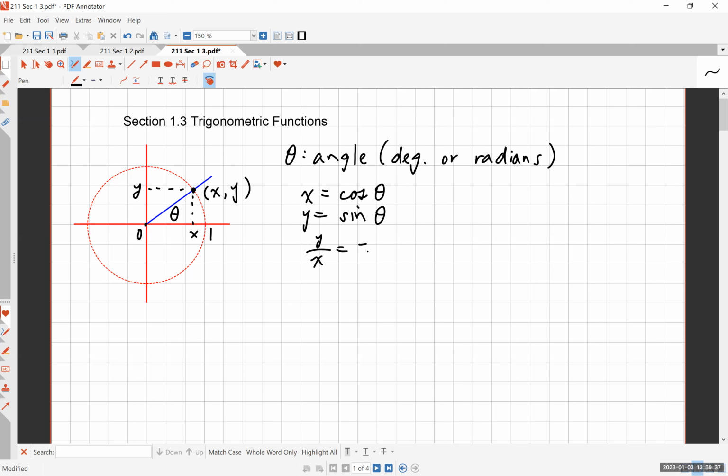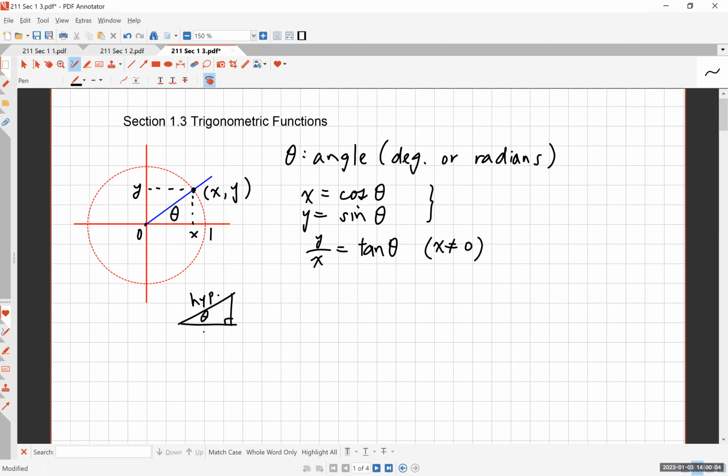Y over x is the tangent of theta, and as you know, when x is equal to 0, the tangent is not defined because you have a 0 denominator. Now, clearly, if you do it this way, you have this angle here, and we call this the hypotenuse. That is 1 in this picture, right?